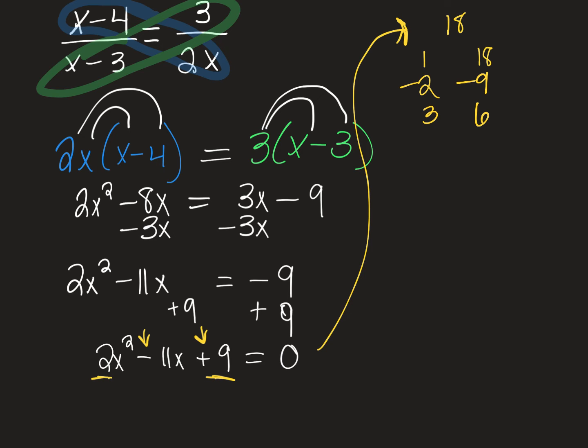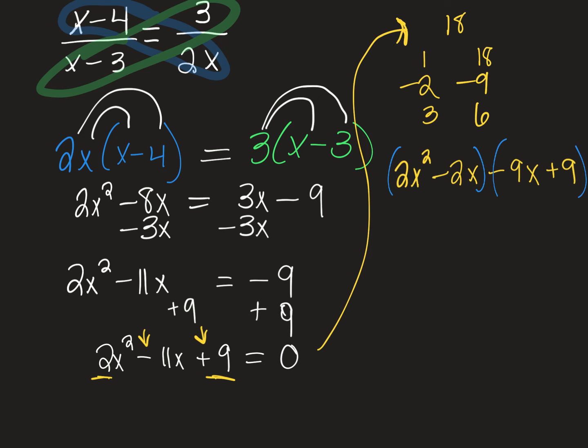Now I'm going to replace my negative 11x with a minus 2x and a minus 9x, and then bring my plus 9. Then you factor by grouping.